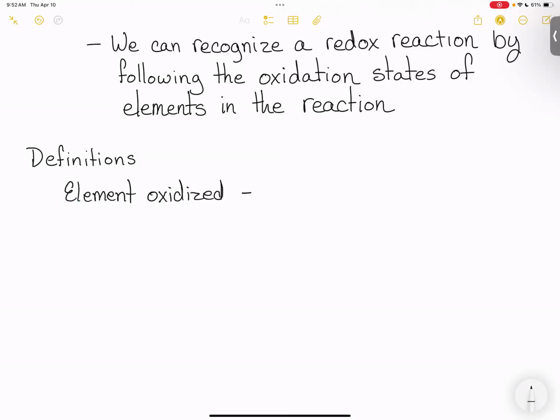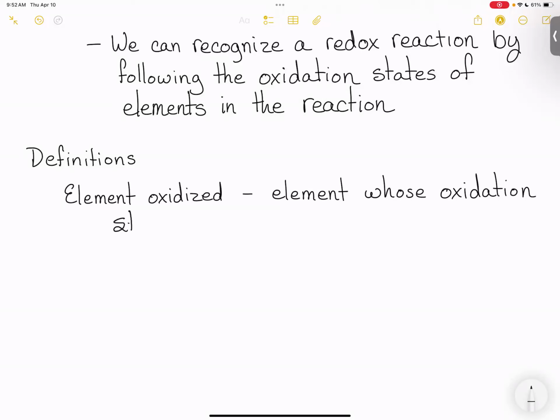The element oxidized is the element whose oxidation number or oxidation state becomes more positive as a result of the reaction.